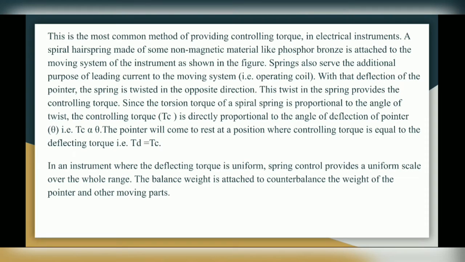That is, Tc is directly proportional to theta. The pointer will come to rest at a position where the controlling torque is equal to the deflecting torque, that is Td equal to Tc.